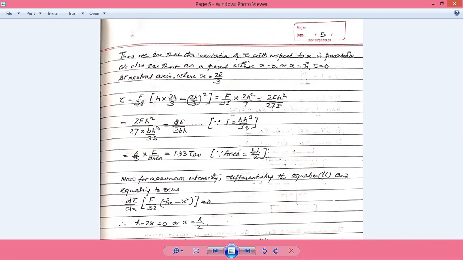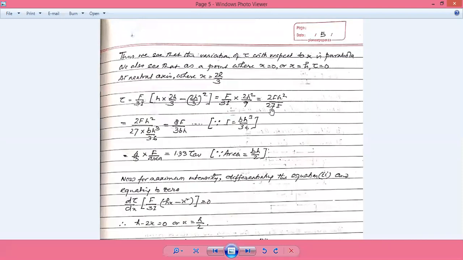At a point where x is equal to 0, the top of the triangle, or x is equal to h, the bottom of the triangle, tau is equal to 0. And at the neutral axis, where x is equal to 2h by 3, if we put the value of 2h by 3 for x in this equation and simplify, this will become 2Fh squared by 27I.